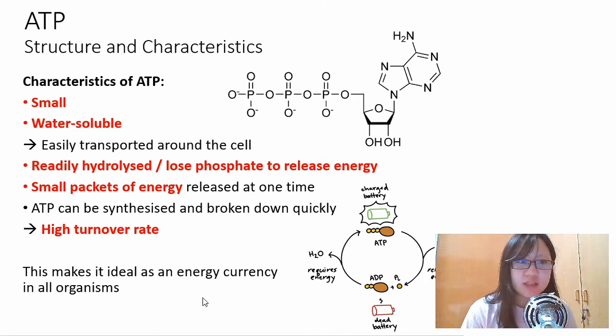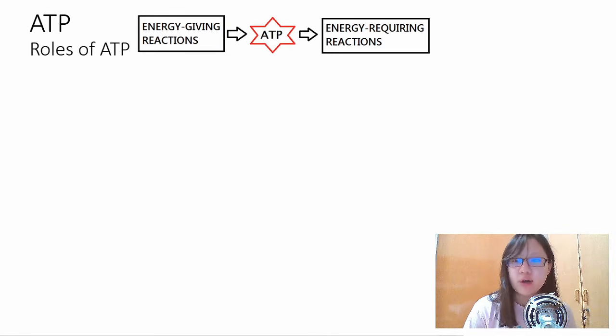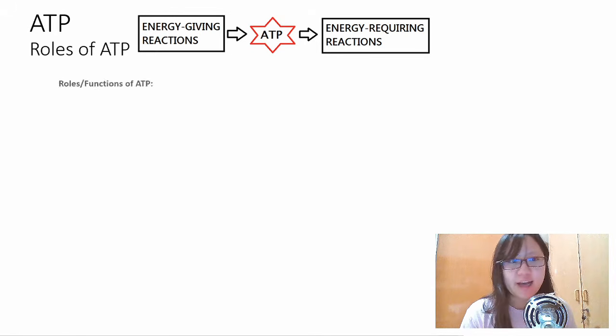And all these characteristics make it ideal as an energy currency in all organisms. What does it mean by energy currency? We will see in a second when we talk about roles. Now, it's very important to realize that ATP didn't come out of nowhere. ATP came from energy-giving reactions.